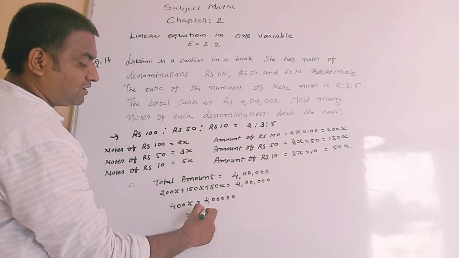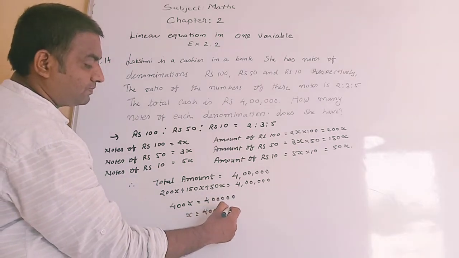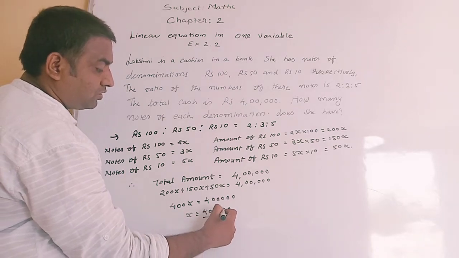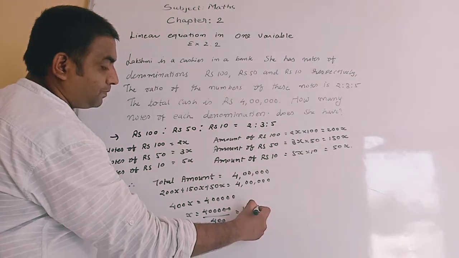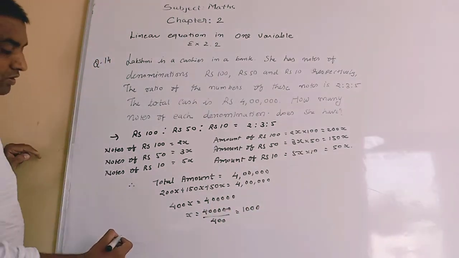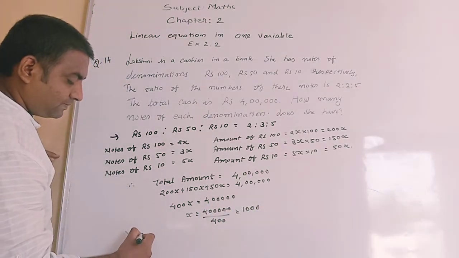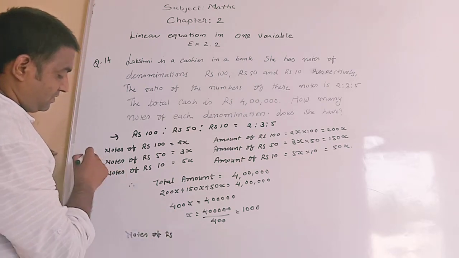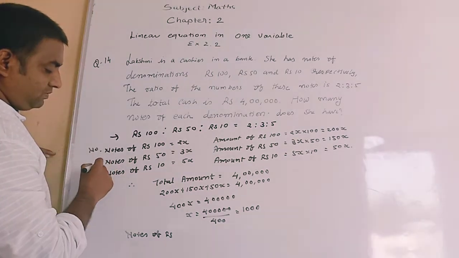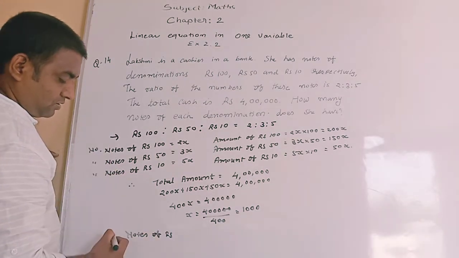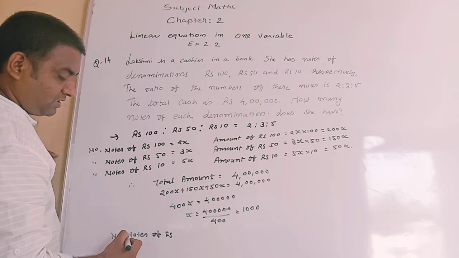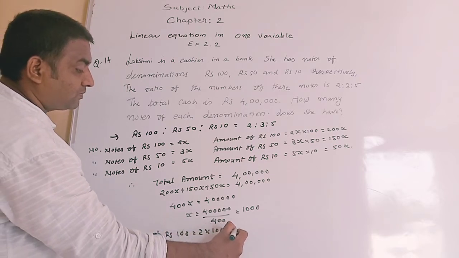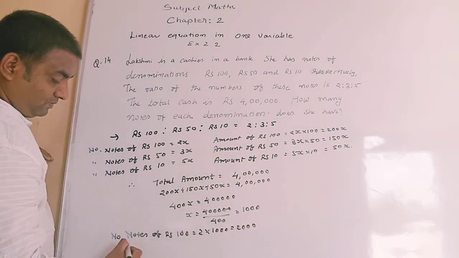So x is equal to 4 lakh divided by 400, so it is 1000, and so the number of notes of each one: number of notes of rupees 100 is 2 into 1000, 2000.